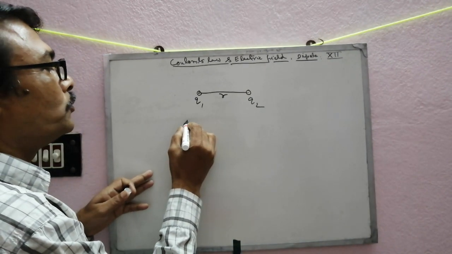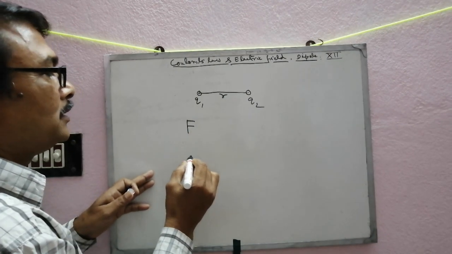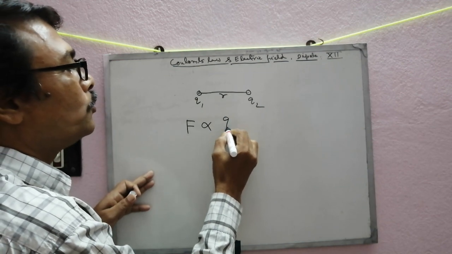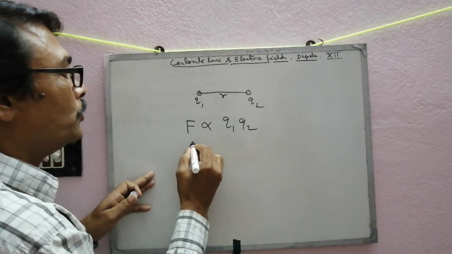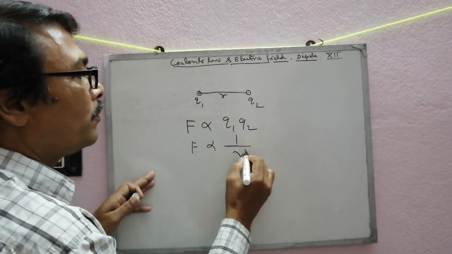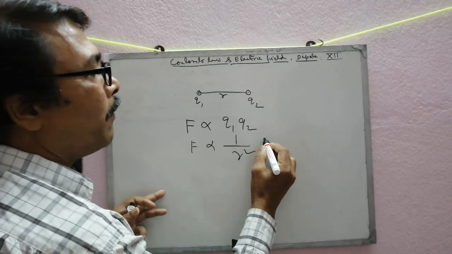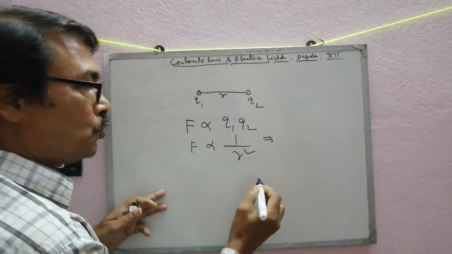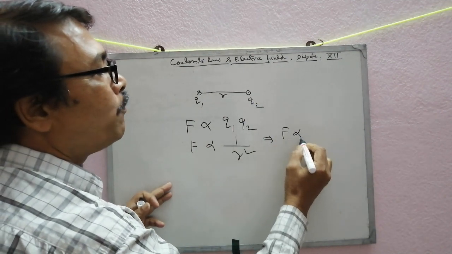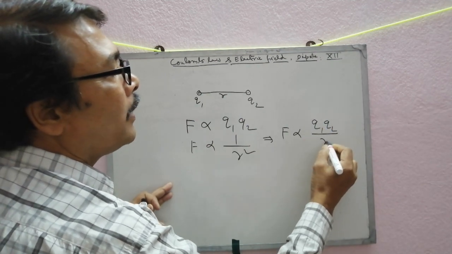According to Coulomb's law, the force of interaction, that is repulsion and attraction force, is directly proportional to Q1 and Q2 and inversely proportional to the square of the distance between them. If we combine these two, we get F proportional to Q1 Q2 by r square.